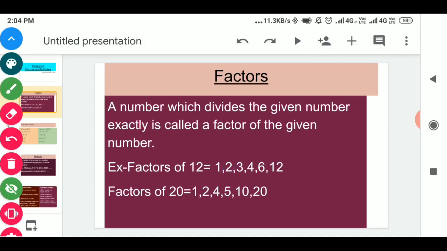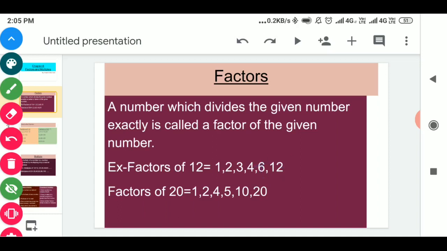3 can divide 12 exactly, so 3 is a factor of 12. 4 can divide 12 exactly, so 4 is a factor of 12. 6 can divide 12 exactly, so 6 is a factor of 12. 12 can divide 12 exactly without leaving any remainder, so 12 is a factor of 12.